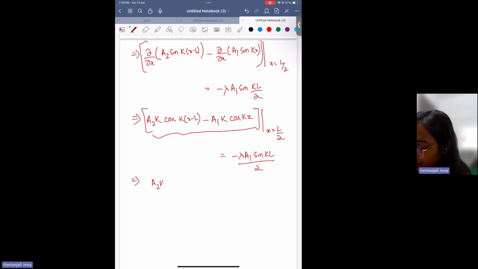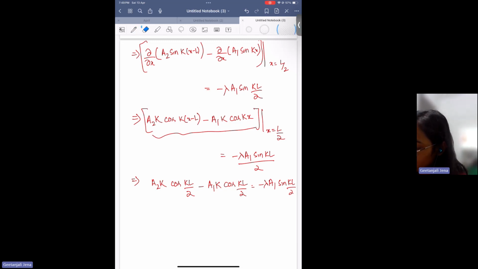We will get A2 k cos(kL/2) minus A1 k cos(kL/2) equal to minus lambda A1 sin(kL/2). I have made a mistake here, this is k by 2.